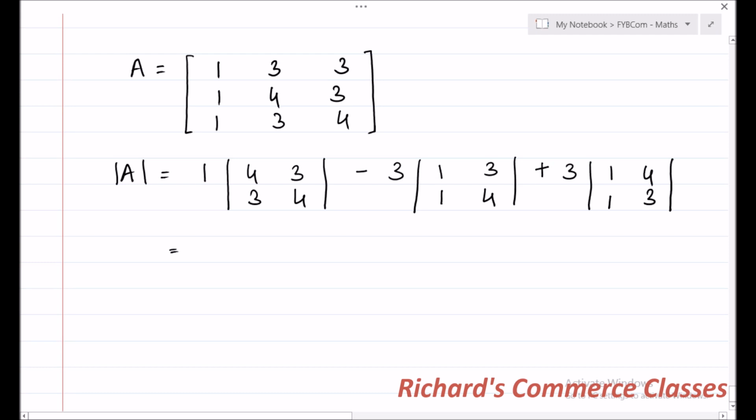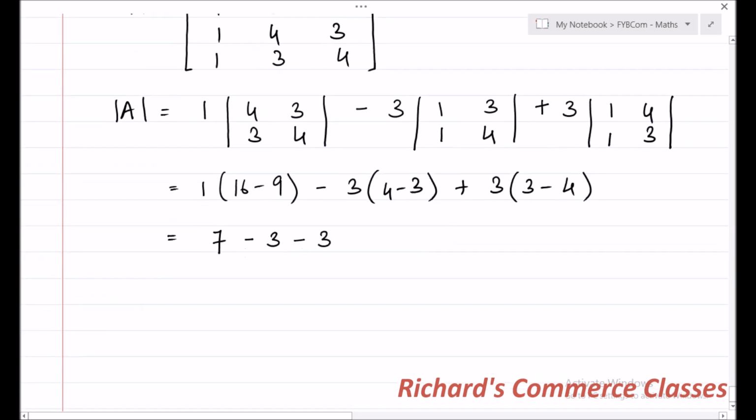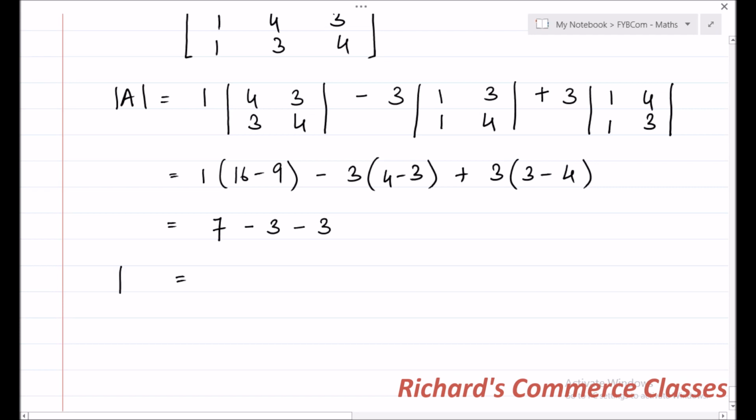This is equal to 1 into 16 minus 9, minus 3 into 4 minus 3, plus 3 into 3 minus 4, which is equal to 7 minus 3 minus 3. The answer of the determinant of A is equal to 1.